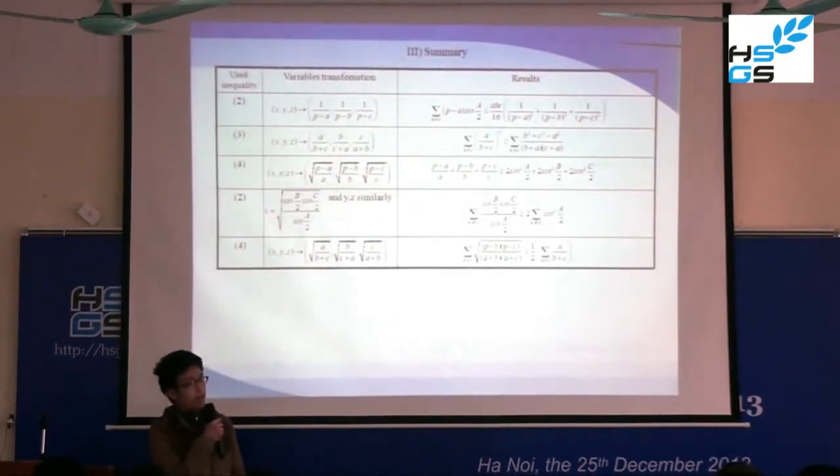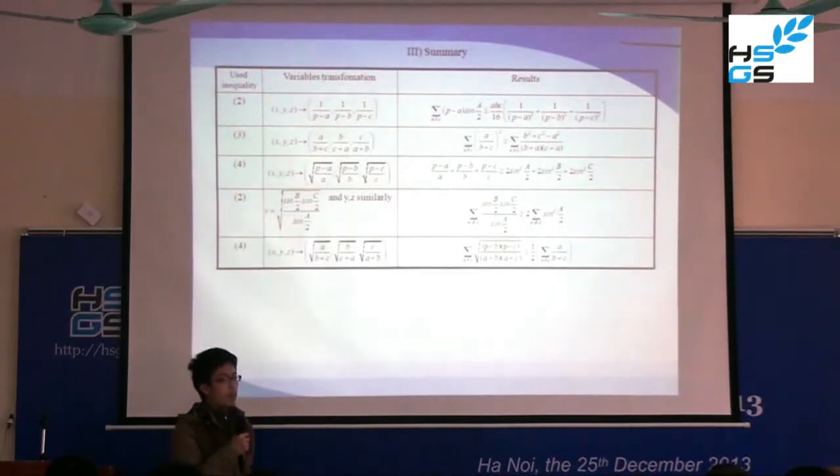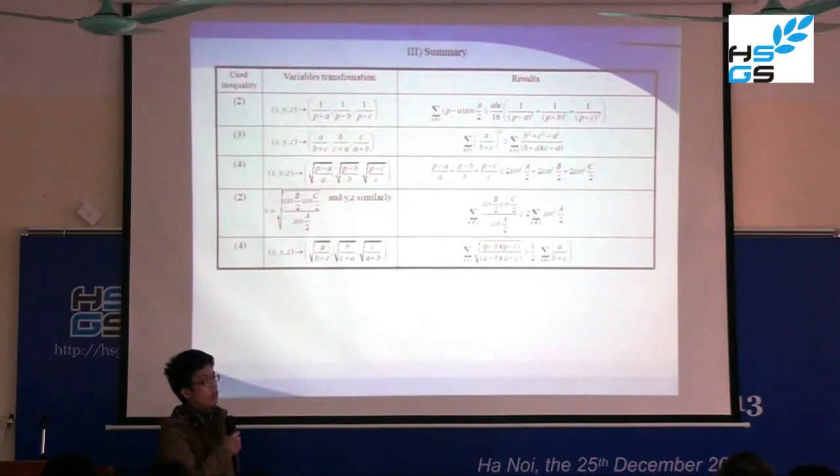Now I suggest you spend a little time to have a look at our summary to see how much we have done. Remember that with just the basic inequalities I have shown you at the beginning of our report, you can create some inequalities.